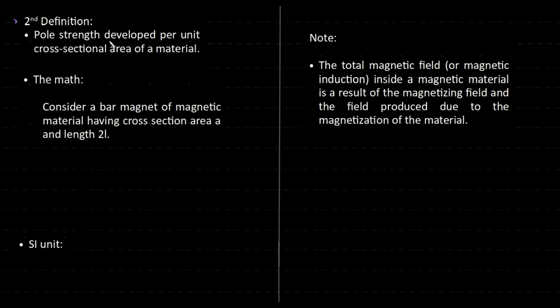One more way of talking about it is pole strength, how strong the magnetic field is. End to end, you divide by the cross-sectional area and all of that. You get your result in that way also.